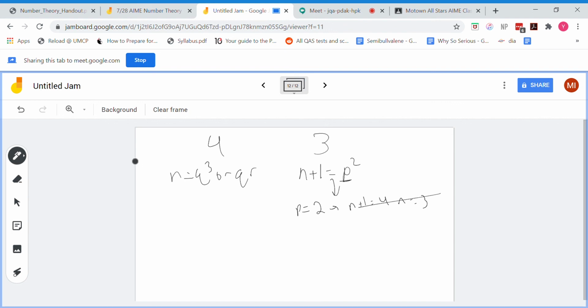That doesn't work. P equals 3, n plus 1 equals 9, n equals 8. This works. P equals 5, n plus 1 equals 25, n equals 24. That doesn't work. And we can continue like this until we find a sufficient amount, maybe 3 or 4.